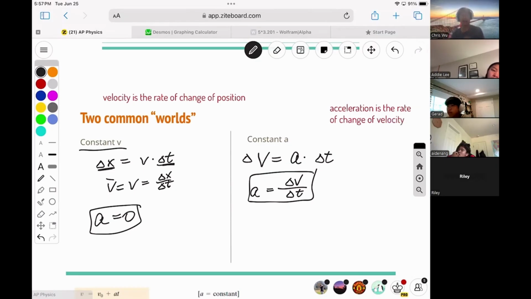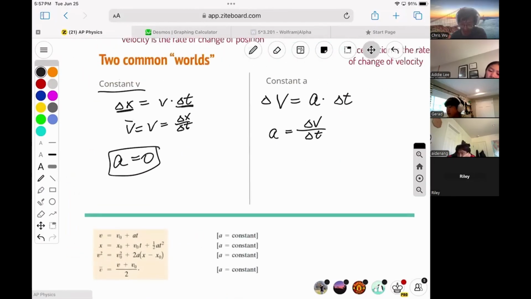How fast am I changing my velocity? A strong or large acceleration means that I'm changing my velocity rapidly. A small acceleration means that I'm slowly changing my velocity. That's that. How fast I'm changing my velocity.